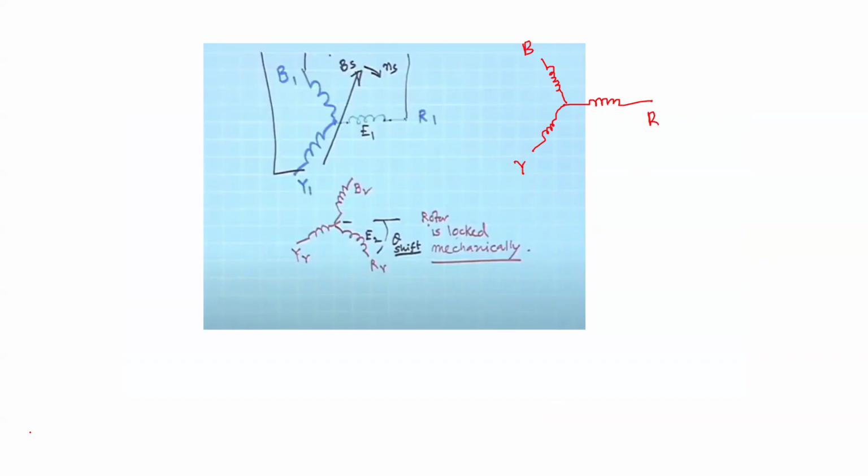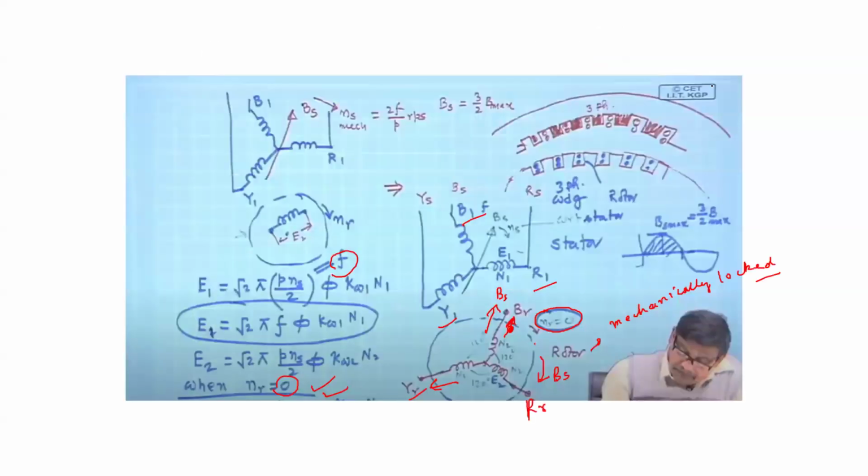Okay, then you have BS like this, at NS. Now this is stator. Now with this same NS, what will happen? There will be some EMF induced in the stator because of this rotating BS, right? Which we wrote also as E1, right? We wrote down the E1 expression.